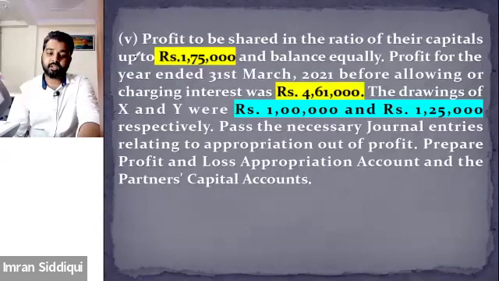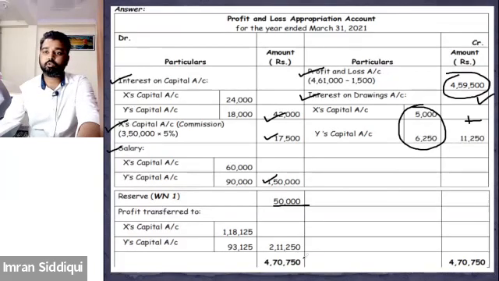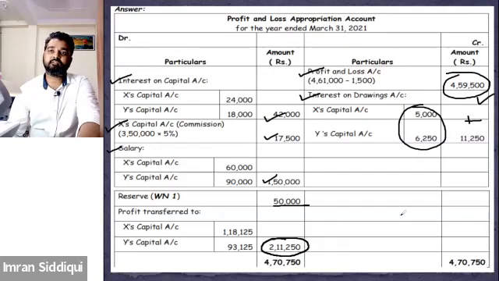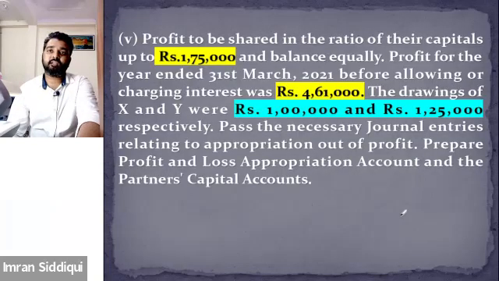So out of 2,11,250 rupees, we will first divide 1,75,000 in their capital ratio of 20:15. And then whatever the remaining profit will be left, we will divide the remaining profit equally.